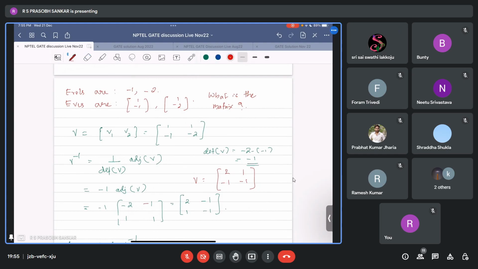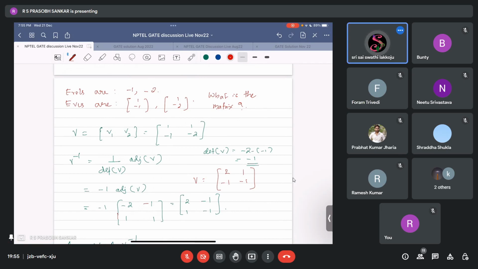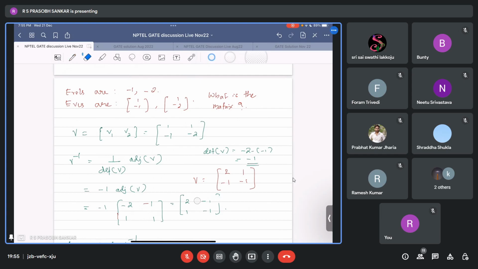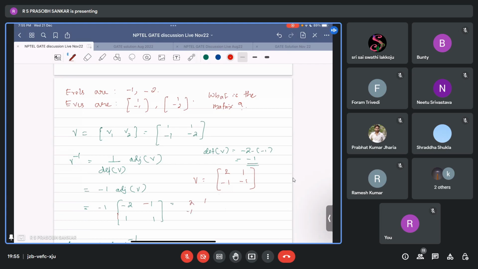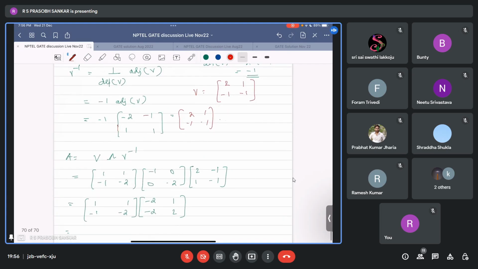This will be negative and this will be positive. Then one more negative is outside, that will come inside. Then it will be 2, 1, minus 1, minus 1. Yes, this is what I was telling. This can happen, it happened with me during exam. Completely understand.